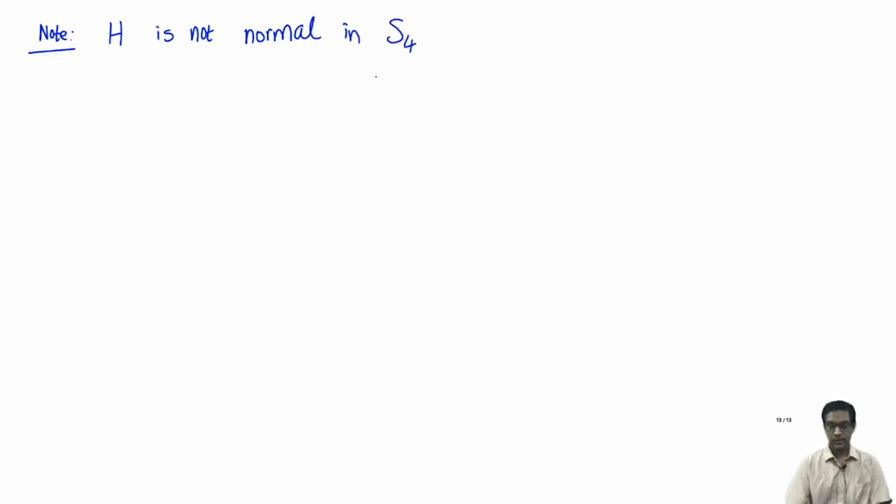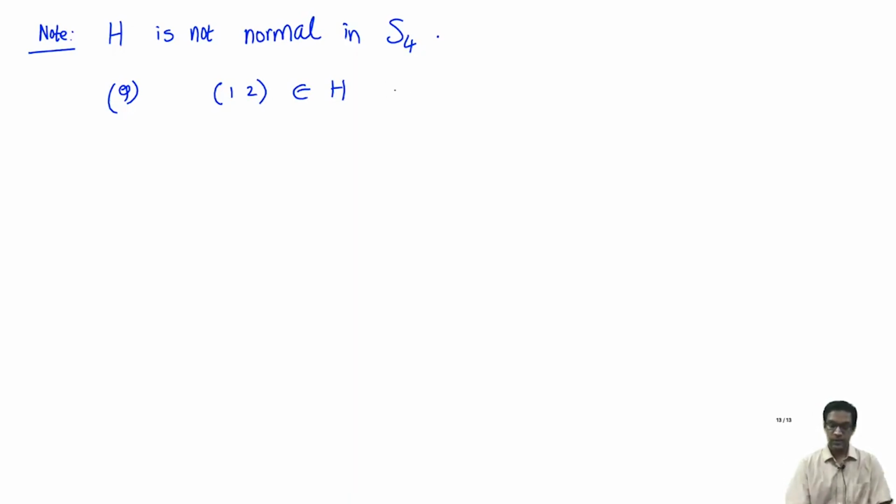Why not? Well, what does normal mean? For example, I take the transposition (1 2), which belongs to H. If H were normal, it would mean that every conjugate of (1 2) is also in H, right?